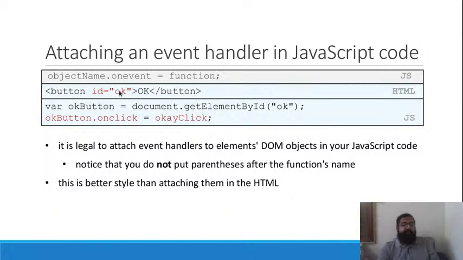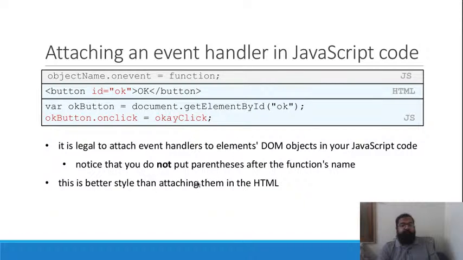The button has an ID ok, and then you have okButton.onclick equals okClick. So this okClick function is associated with the click event for the OK button in the JavaScript, okay. You do not put a parenthesis after the function name, so you do not put empty parentheses like how you would call a function, okay.